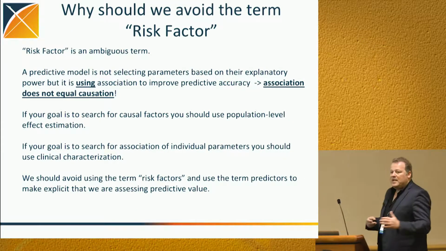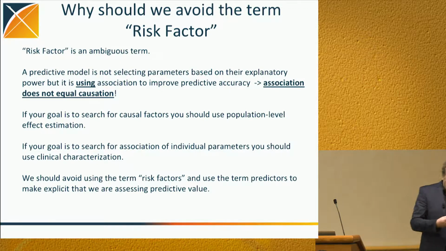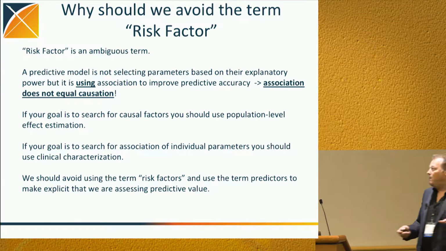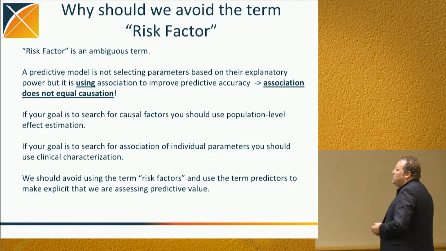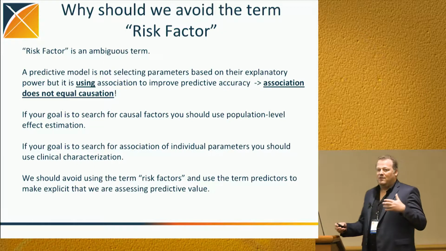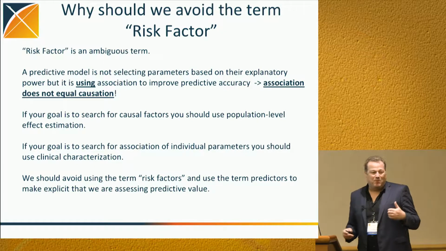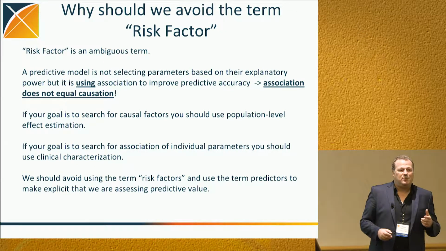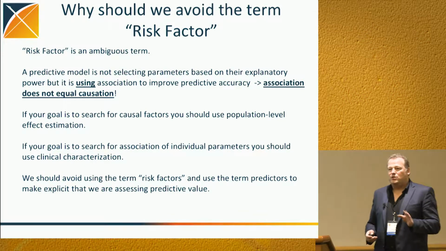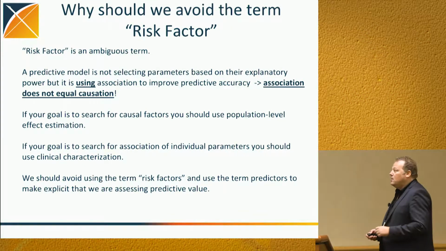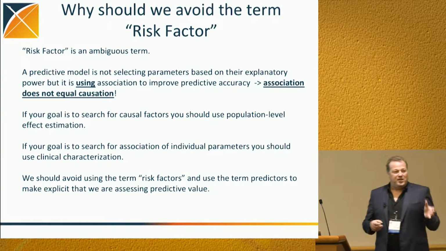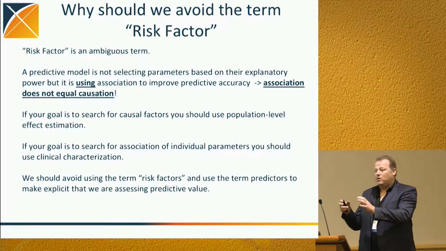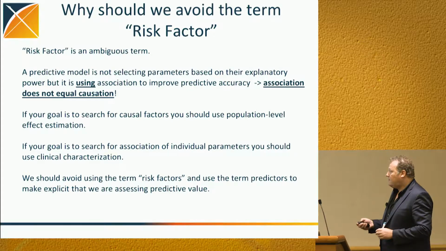So one of the things that we try to educate when we're doing these types of tutorials is that we avoid the term risk factor in this type of question, because many people think of a causal relationship when we talk about risk factors. We like to talk about predictors here to make very clear that what we are looking at is the association between a variable and the outcome, and not a causal relationship.